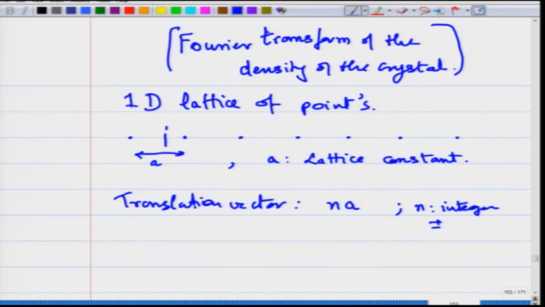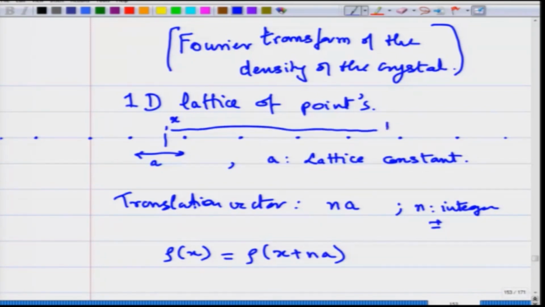So, let us start from a position x. This is an infinite lattice, so it goes infinitely in either direction. If this is my starting point in the lattice and the distribution of points around x has a density rho of x, namely the number density which is present around x, then if I move to another position which is say 4 times the lattice parameter, this is x plus 4a.